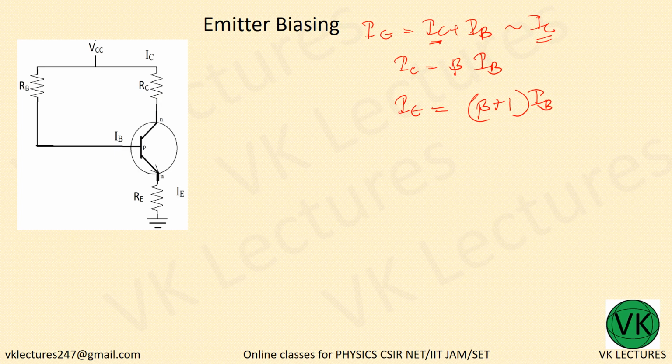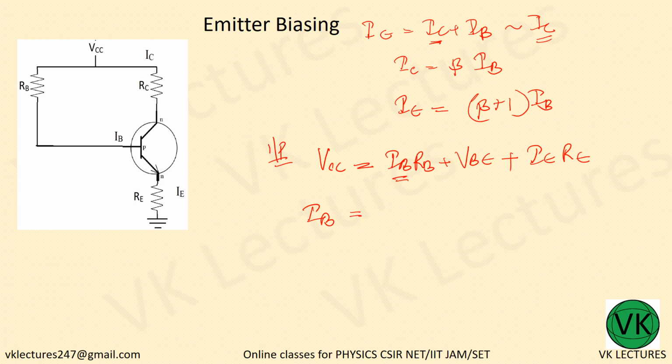Now just applying the KVL to the input. Please listen carefully. VCC equal to IBRB plus VBE plus IERE. Alright, now we want IB. IB is equal to VCC minus VBE minus IERE. So what is IE?